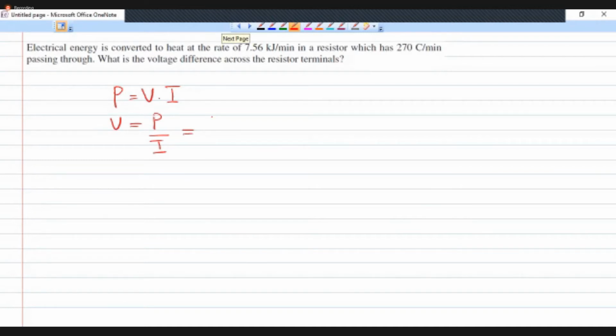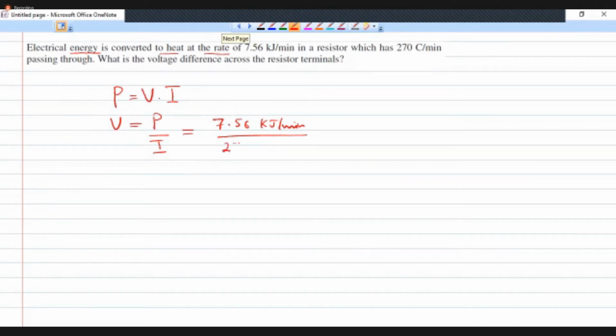So what is power? 7.56 kilojoules per minute. How did we know that this is power? Because we are talking about energy converted to heat, and that rate is 7.56 kilojoules per minute. So we could identify that this is the power. And what is the current that is flowing?